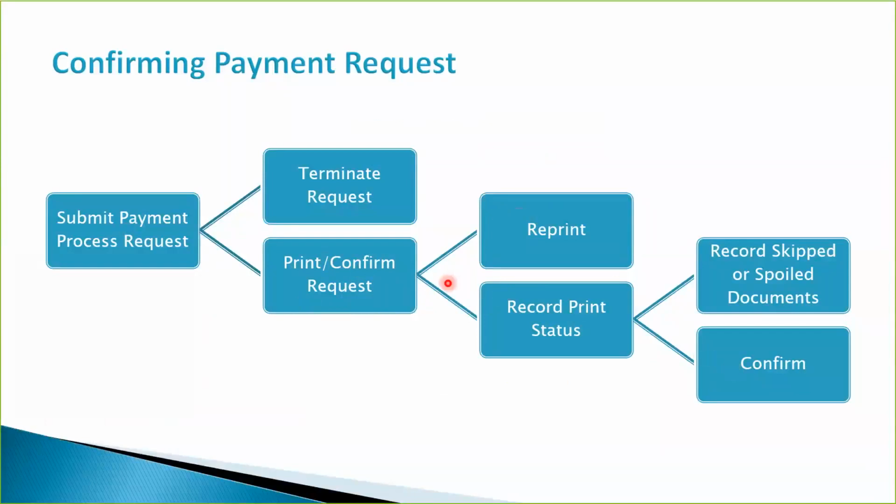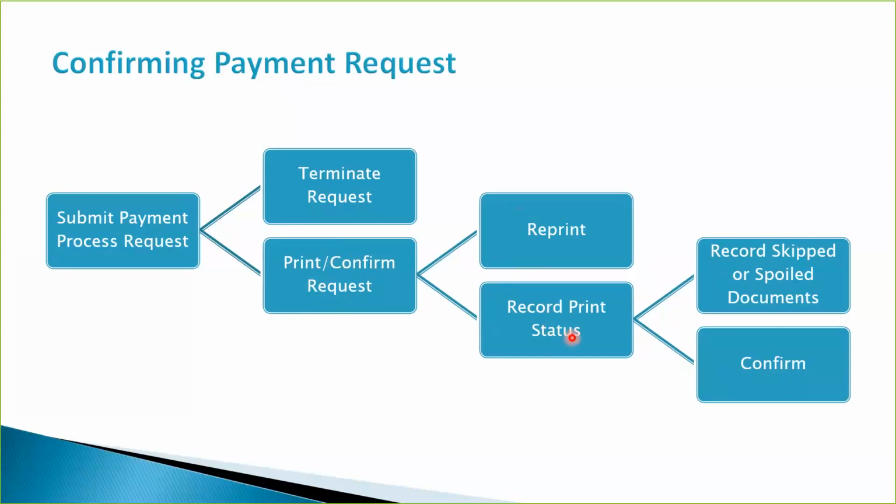Alternate paths are to go to print. Okay. If you want to do a reprint, then you select reprint, and you will come back here. Which means you look at the payment instruction again. If it's fine, then you can go ahead to record print status.